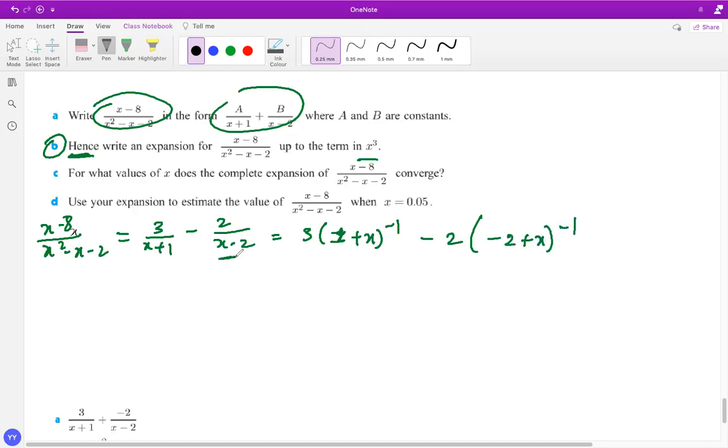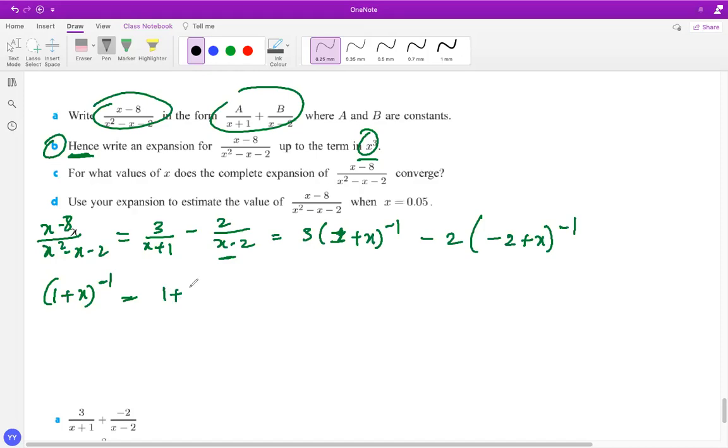It's the same thing, just written in the negative indices form. So we're going to apply the formula straight away for the first expansion. I'm just going to expand this up till the cube term because they want up till cube.